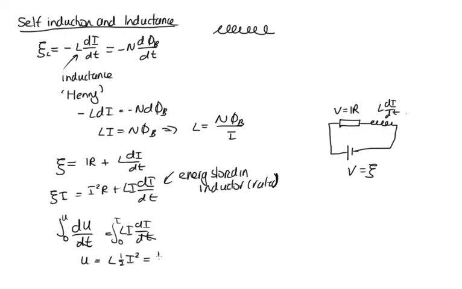So that tells us that the energy stored in the magnetic field inside the inductor is given by a half Li squared. Okay, so let's try a difficult problem now where we'll use this to calculate the inductance of something.